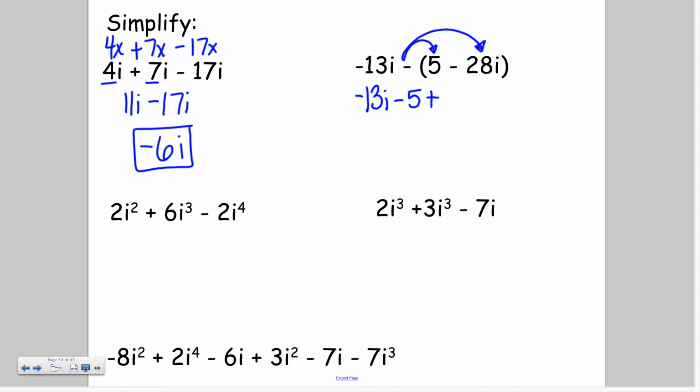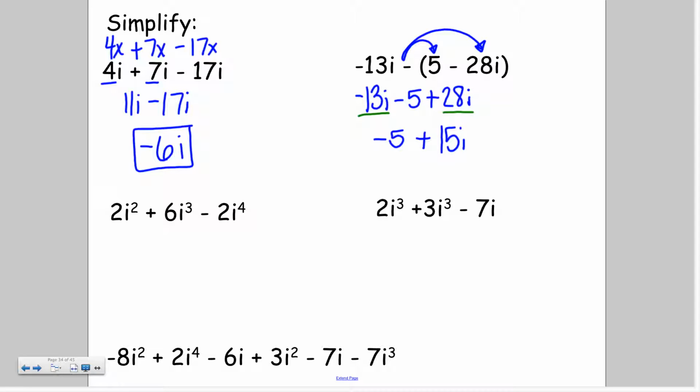Negative times a negative gives me a positive, so I have 28i. Now I can combine like terms. So negative 13i plus 28i is 15i. And then I have nothing to combine with the 5, so I'm just going to have negative 5.